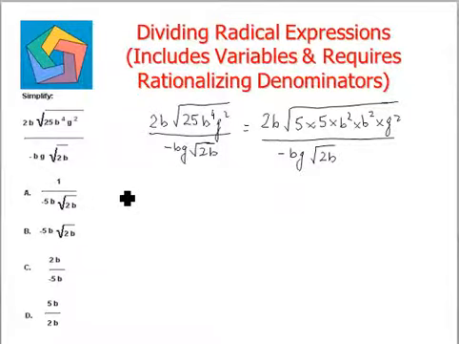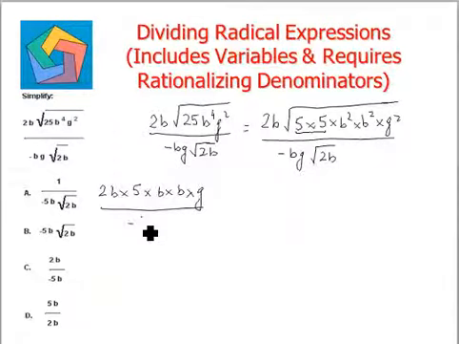So on the numerator we can pull out from the radical two 5's as a single 5, the first b square as b, then the second b square as another b, and a g from there. So that's it. Nothing inside the radical is left, so we have negative bg square root of 2b.